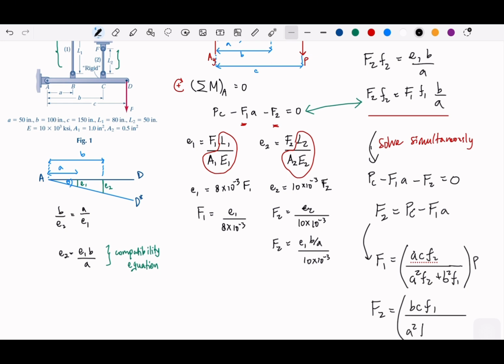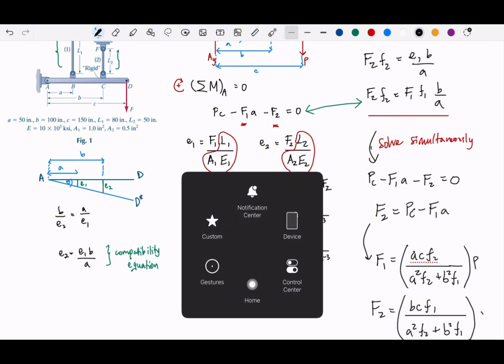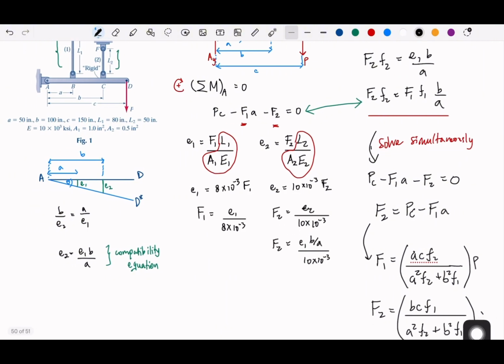This will be the same. I'm skipping some process here, but this could be solved through the equations from the equilibrium.